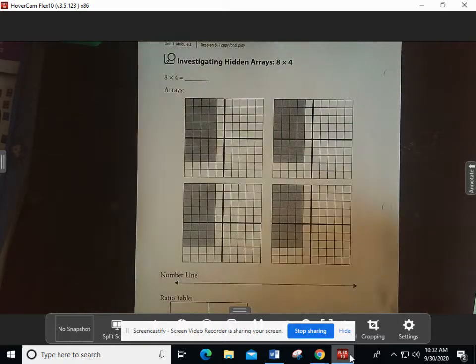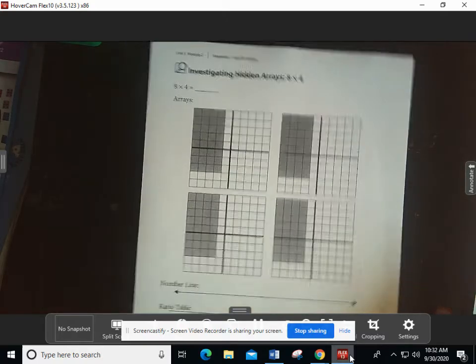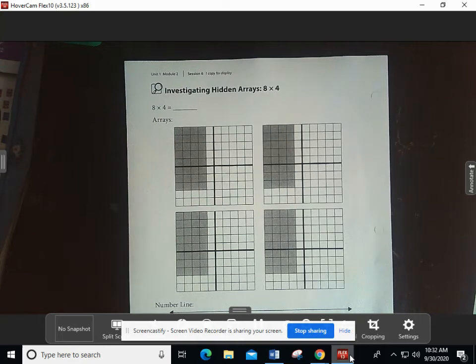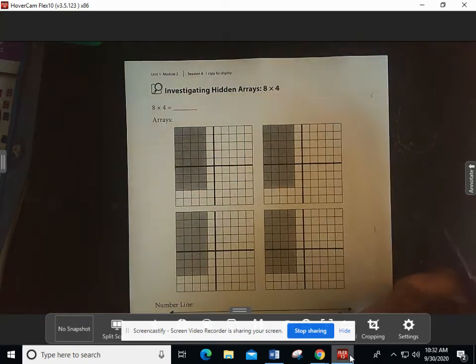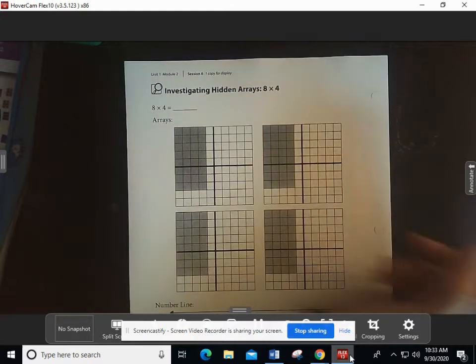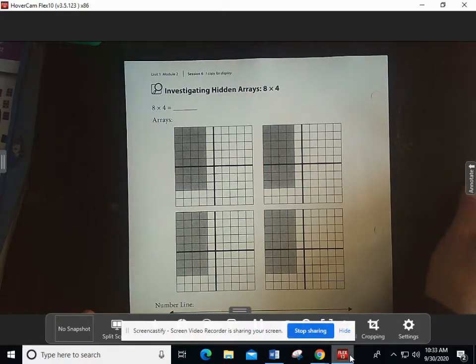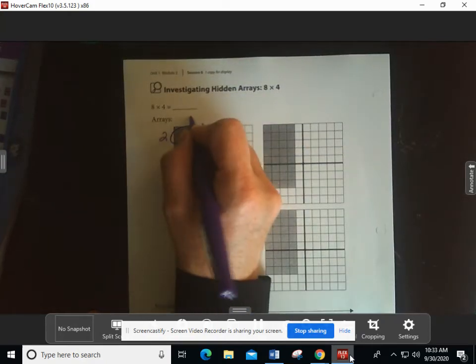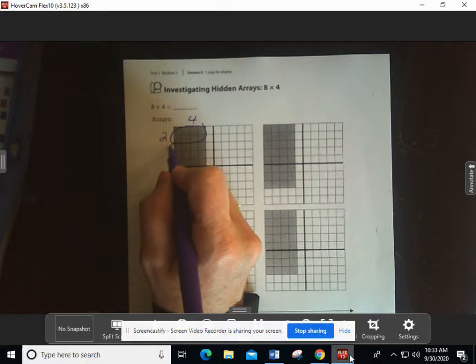So thinking about this, when I think about multiplying by 8, I know I can count, or I can do my doubles trick with it. If I have this group of doubles, we have 2 times 4, then I can make another double.